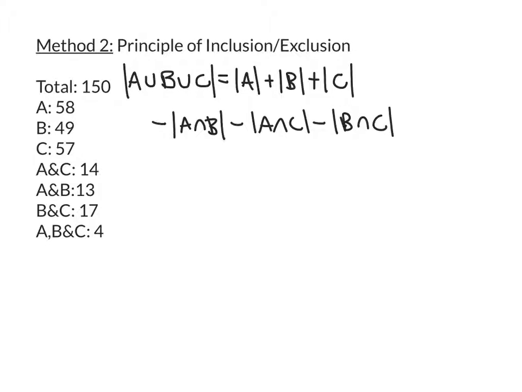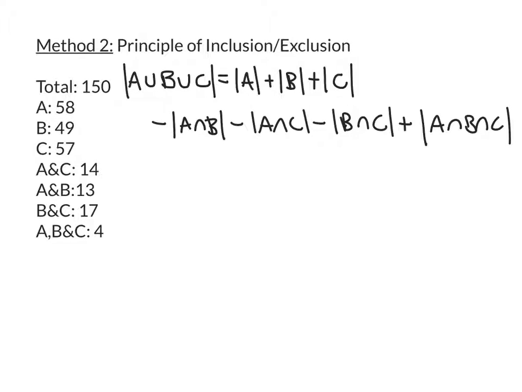Of course, now we've subtracted off too many because that little piece that was in the middle got subtracted off too many times. So we have to go ahead and add that back in. So we have to add back how many people are in A and B and C. And this is what the principle of inclusion and exclusion is.